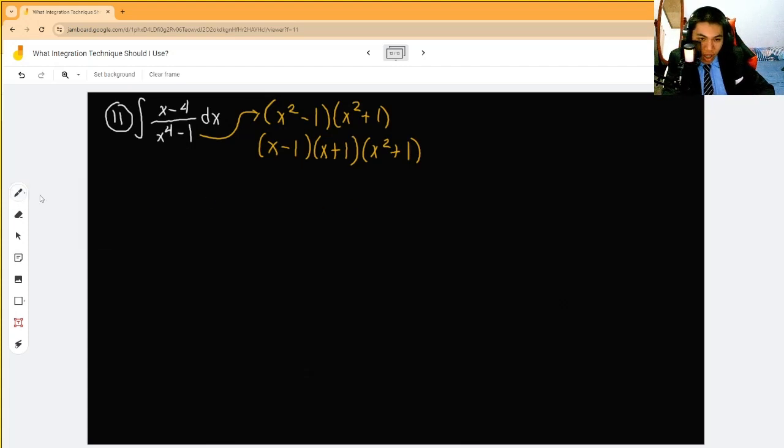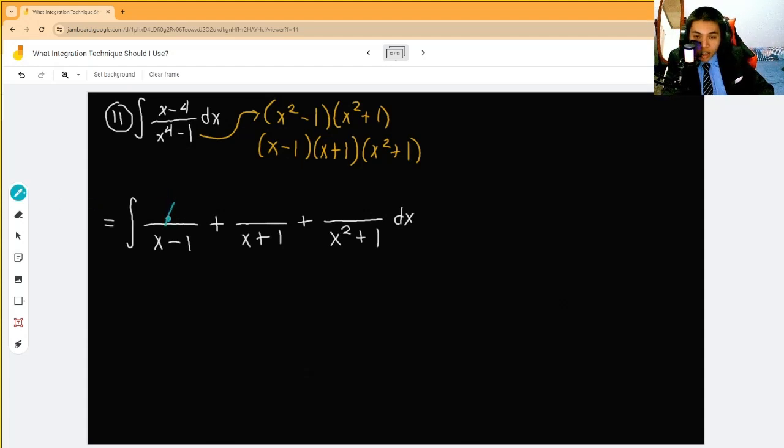So now we will have the integral of a over x minus 1 plus b over x plus 1 plus x squared plus 1 dx.